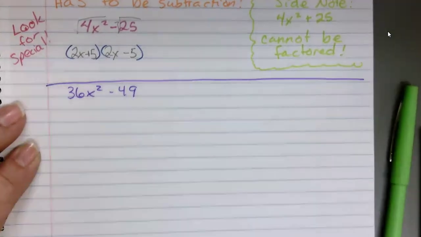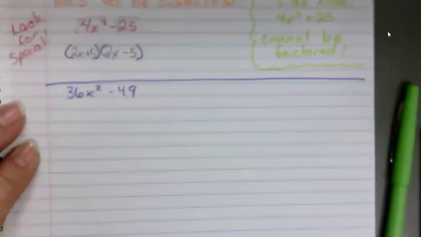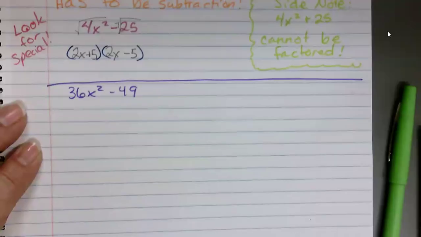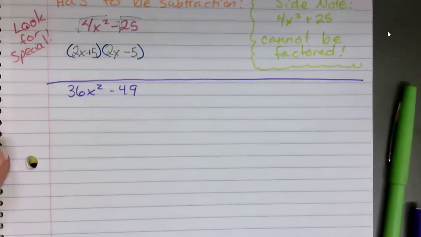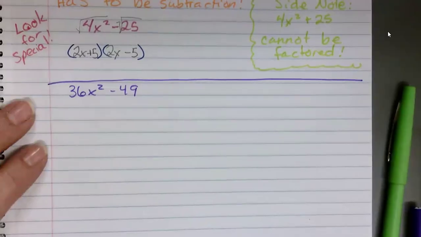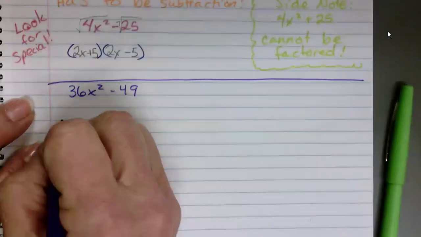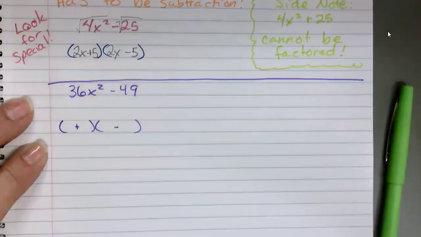A greatest common factor. 36 and 49 have nothing in common. There's no variable on the 49, so we can't take out a variable. But then you have to look for your specials and notice that it is a difference of squares. So difference of squares, we're going to end up with two binomials. One will be a plus, one will be a minus.